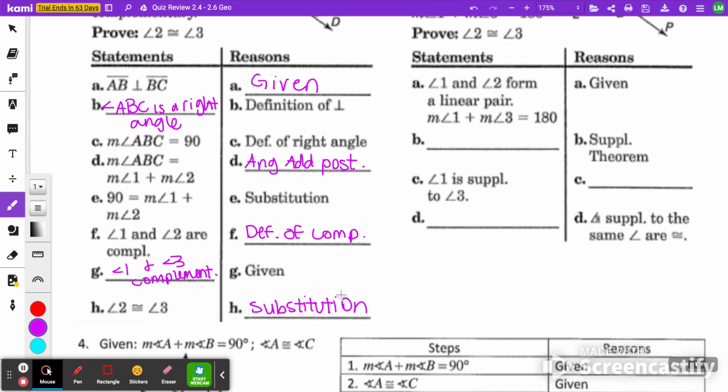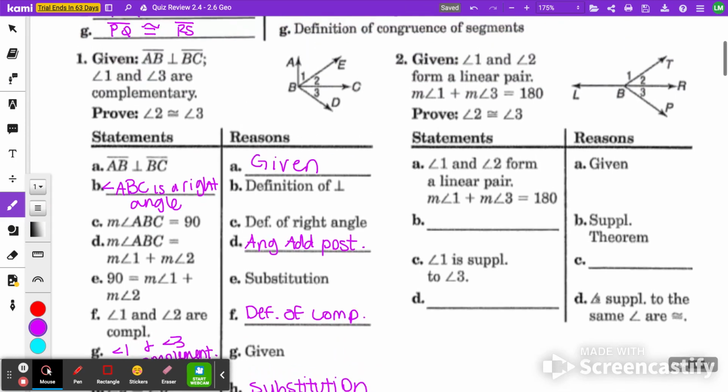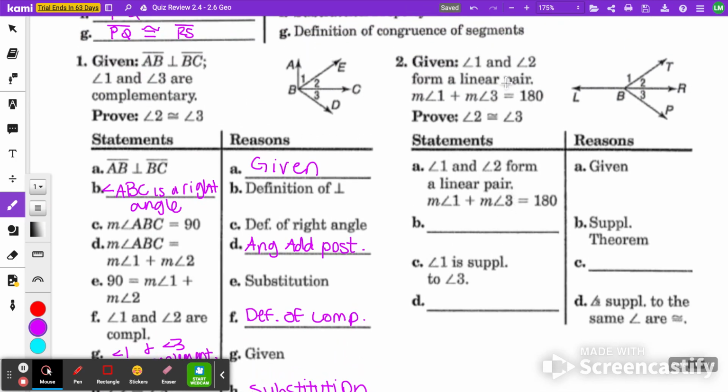Okay. We have another example right next to it. It says given angle 1 and angle 2 are a linear pair, the measurement of angle 1 plus the measure of angle 3 should be equal to 180. We want to prove that angle 2 is congruent to angle 3. So our given is angle 1 and angle 2 form a linear pair, and the measurement of angle 1 plus the measurement of angle 3 is equal to 180.